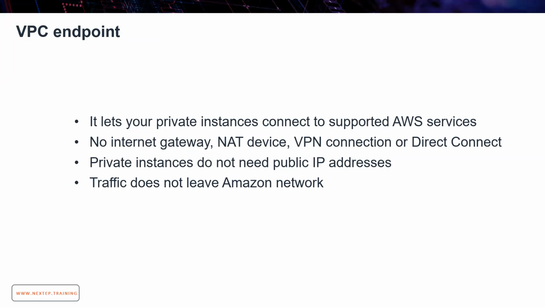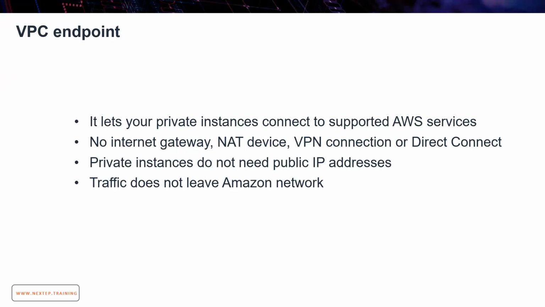To give them internet connectivity, you can have either a NAT instance or a NAT gateway. We understand NAT gateway is better than NAT instance any day. So let's say this private app server wants to connect to S3, and S3 is a publicly available service. It's on the public internet, but I don't have an internet connection.